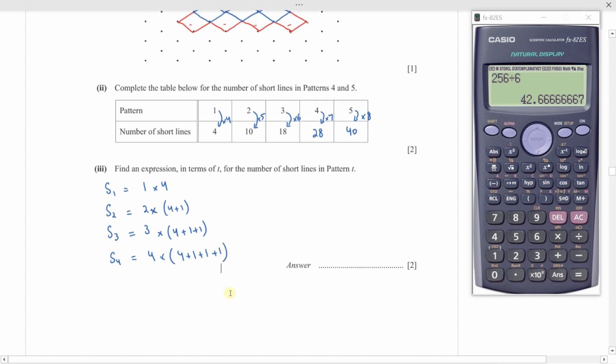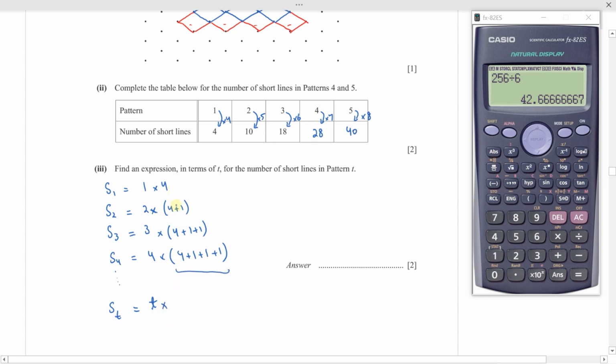So now if you observe this pattern for the number of short lines, you are multiplying the pattern number, which is 1 here, 2 here, 3 here, 4 here, and so on. So for the tth pattern, the number of short lines in pattern number t will be equal to t multiplied by this.